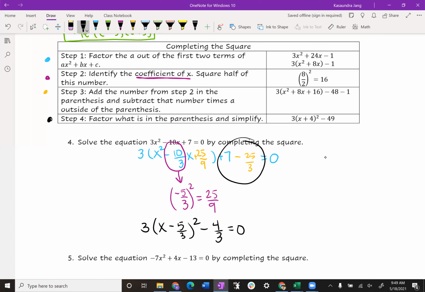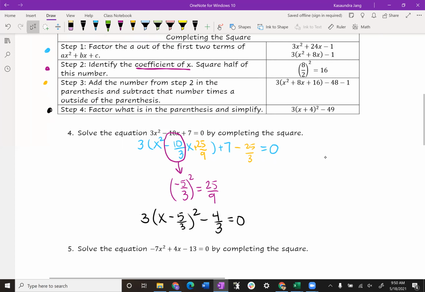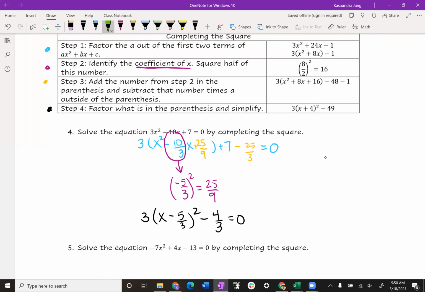So we did some completing the square. Their overall instructions are to solve the equation, so I still need to solve for x here. That means I can add my 4 thirds over to the other side.